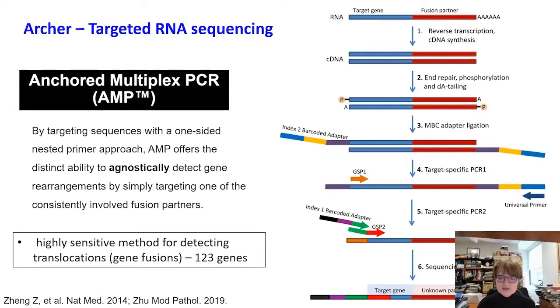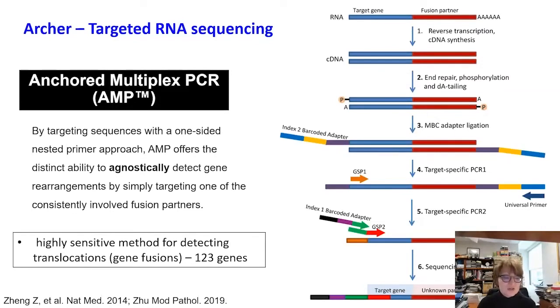It's actually a very ingenious method using 2 barcode adapters that link to the target gene here in blue, and is followed by a nested or multiplex PCR, which starts the sequencing of the target gene and then crosses over the breakpoint and sequences the unknown gene partner, and thus we are able to identify the gene fusion that the tumor has.